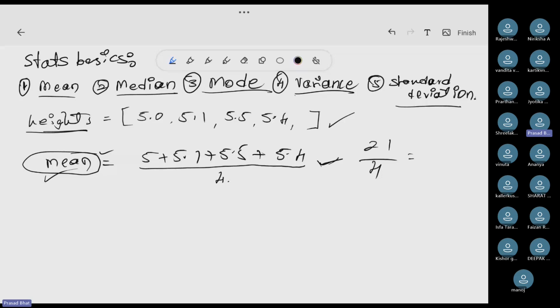It is 5.2. So this is the blind guess that I can make. The baseline guess is that the person could be somewhere around 5.2 feet. Here there is no intelligence, nothing. Simply based on the average value of heights in my classroom, I am telling that particular number.